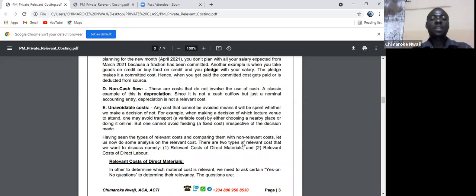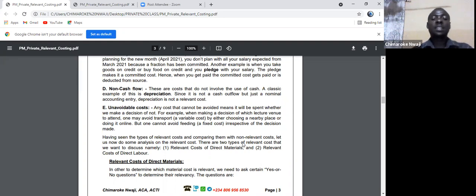And your feeding cost is a fixed cost. It doesn't change. If you are used to eating in class, gala and mineral, the price of gala and mineral will still be the same whichever way you attend the lecture. So unavoidable costs like these are not relevant.